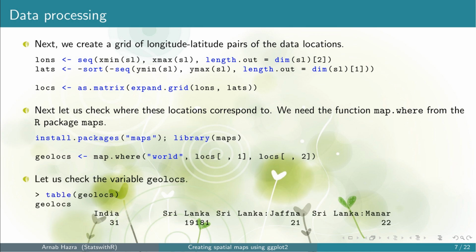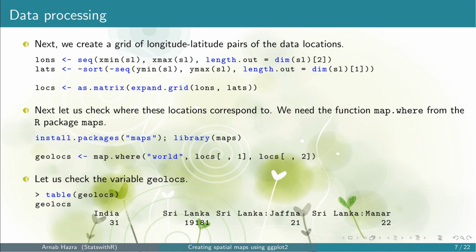Next, let us check the details of the vector geolocs. It is of length 44,226, same as the number of pixels we selected by drawing the rectangle.